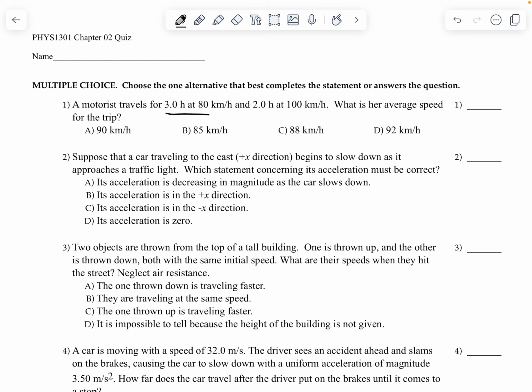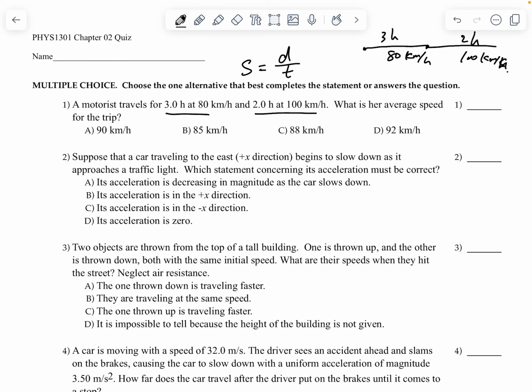All right, so here we know average speed equals total distance over total time. And for this trip, if you see, this has 2 segments. The first one is 3 hours at 80 kilometers per hour, right? And then the second segment, 2 hours at 100 kilometers per hour.